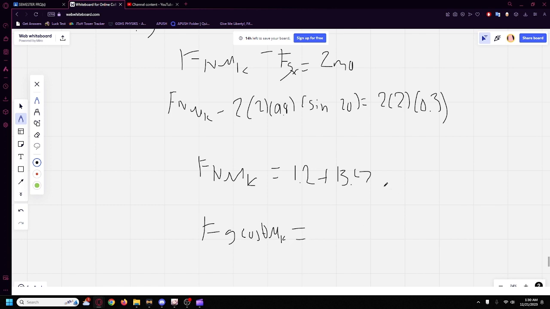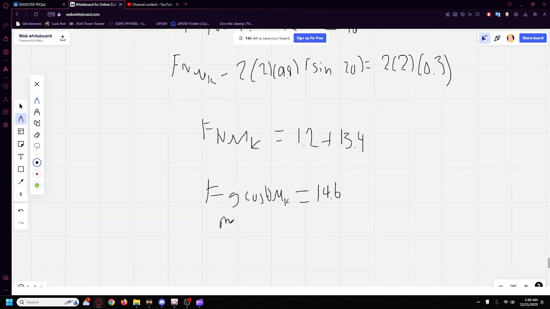That's equal to 14.6. So you divide, and mu_k is equal to 14.6 over 19.6 cosine 20, times 2. So mu_k is equal to 0.397.